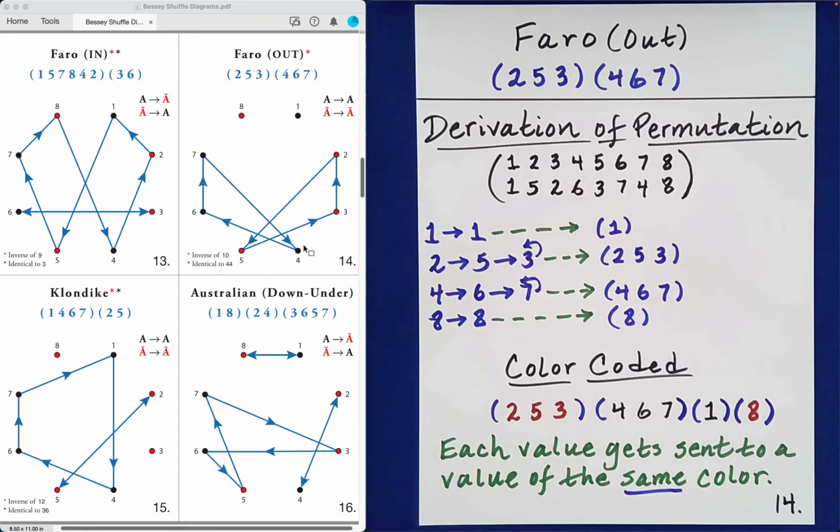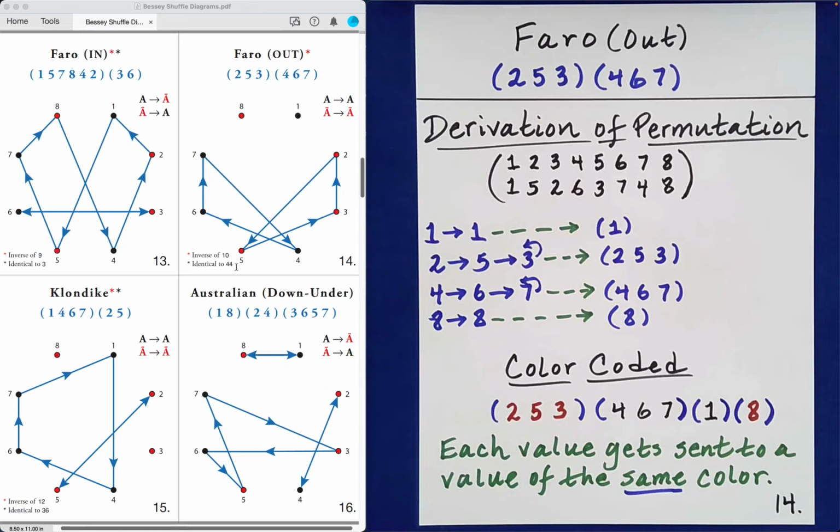So that is the second 3 cycle, for which we also say that the values 4, 6, 7 are members of the same orbit. And finally, we have these 2 fixed points. 8, whatever's in position 8, is returned to position 8. So it doesn't go anywhere in the end. The same thing for position 1. Whatever starts there will end there.